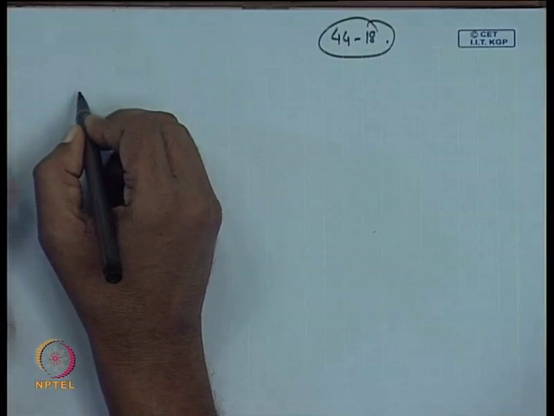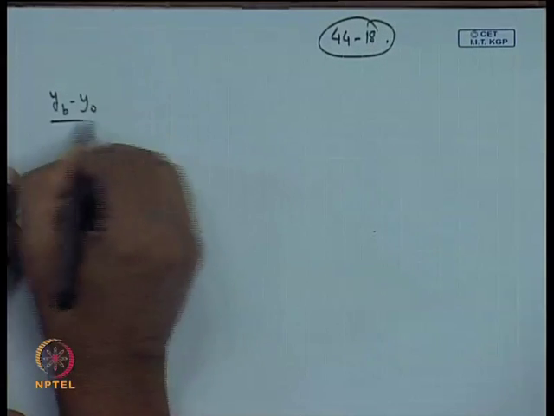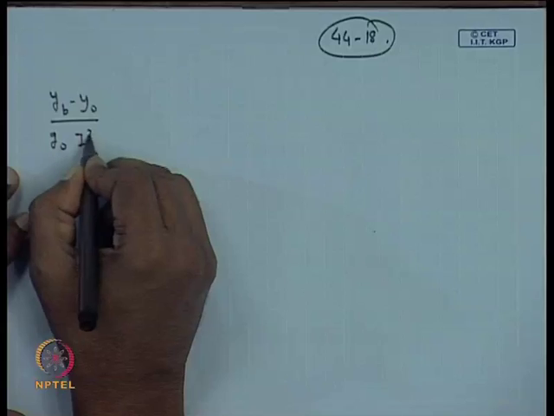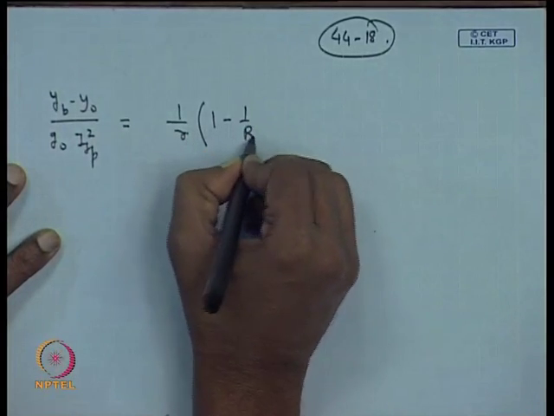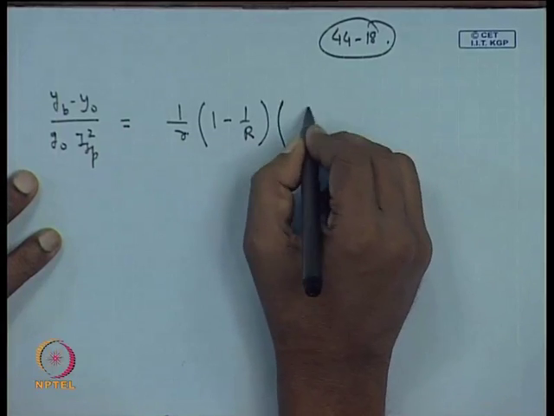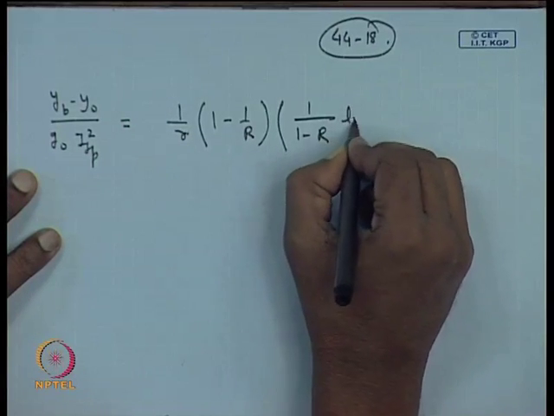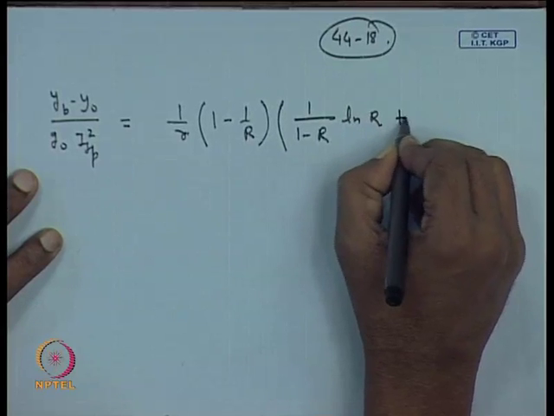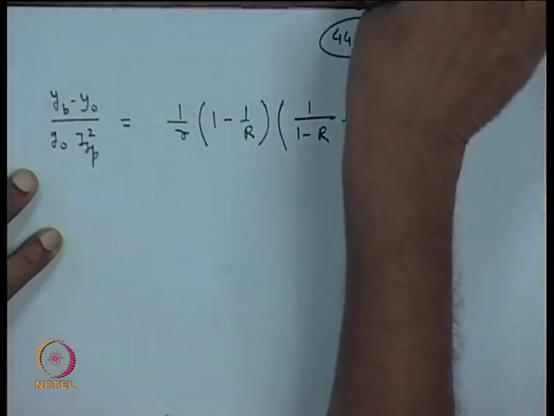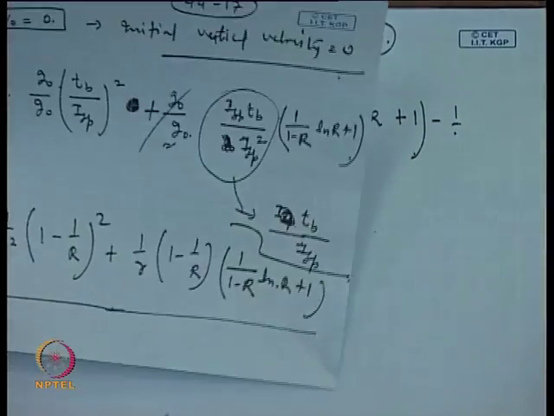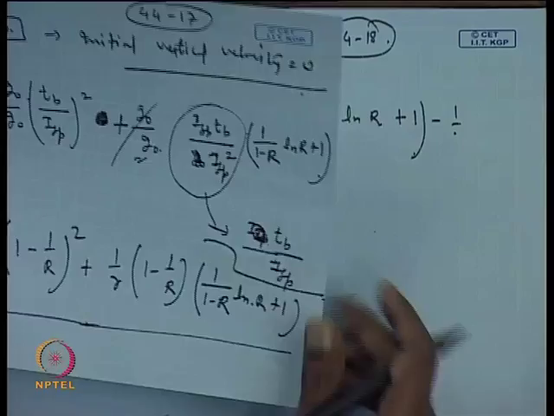So, finally, what we have got is y b minus y 0 divided by g 0 I s p square equal to 1 by r times, minus 1 by 2, so a 1 by 2 term is also present.